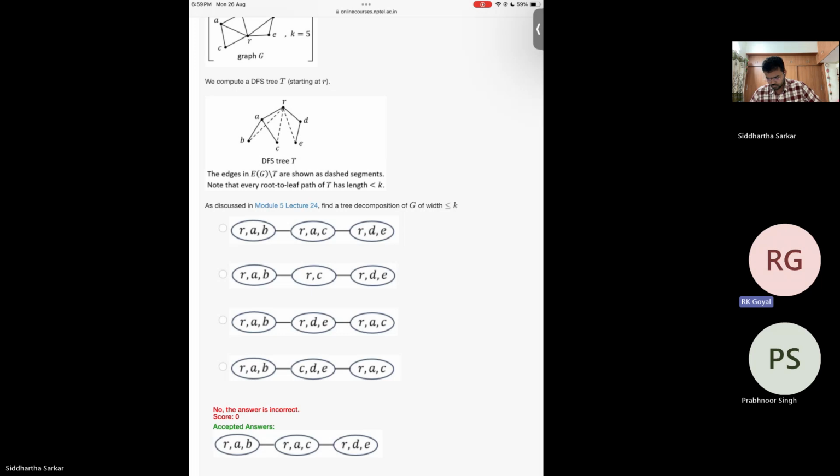Therefore, an edge is mandatory to occur.